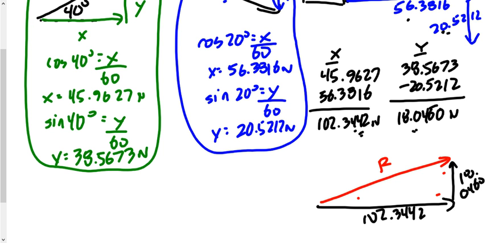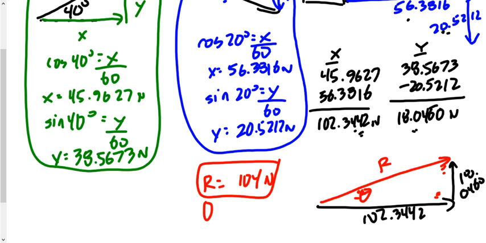Position 1, 2, or 3? 3. We're going to find the value of r by the Pythagorean Theorem. What do we get there? 18 squared plus 102 squared. Square root that. 103.9, or we're going to make that 104.